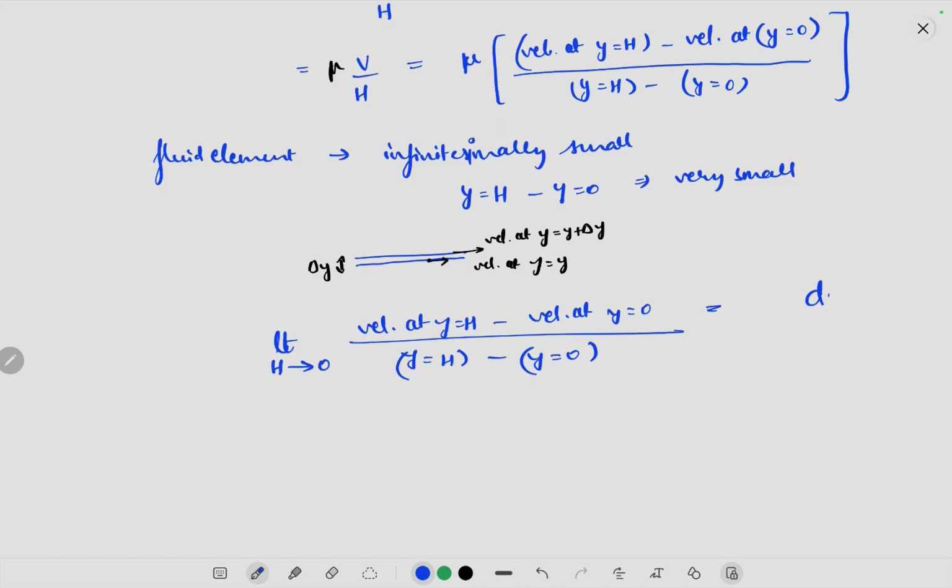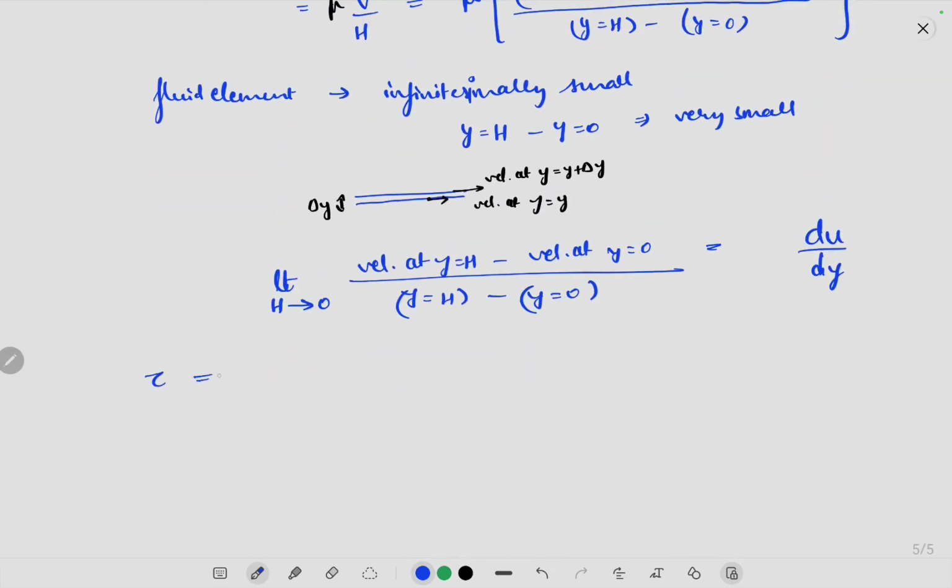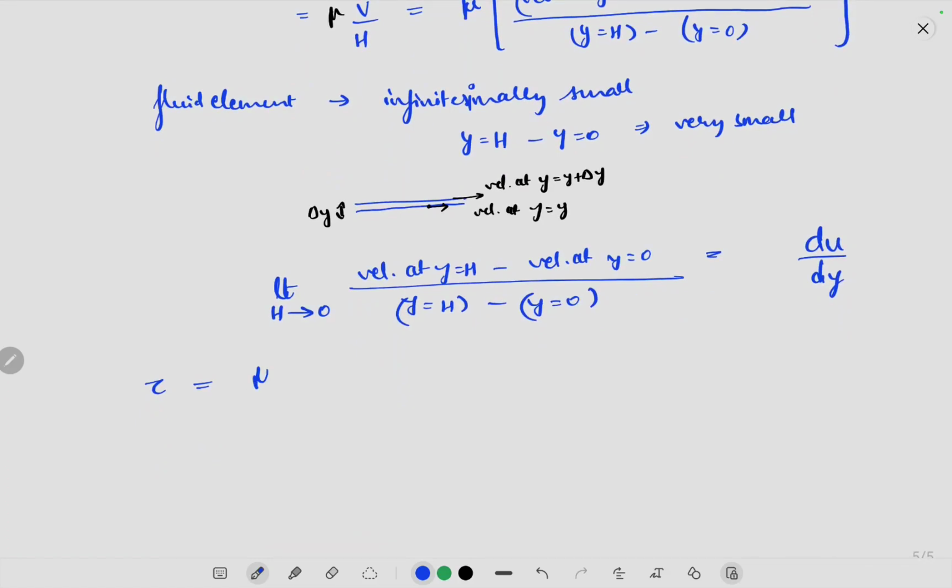So let's say this is du by dy. We can write it like this, right? So then this shear stress tau will be written as mu du by dy.